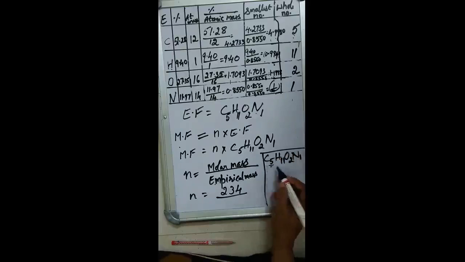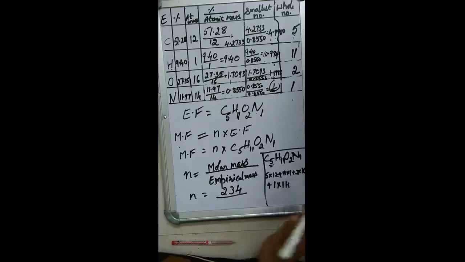So 5 into atomic mass of carbon, 12, plus 11 hydrogen atoms into 1, plus 2 oxygen atoms into 16, plus 1 nitrogen atom into 14, the atomic mass of nitrogen.